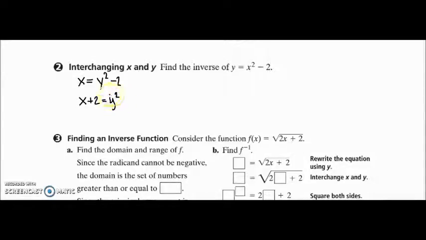And now to undo squaring, we take the square root. So y is the square root of x plus 2. But keep in mind, anytime we do that, we need to think about this could be positive or negative. So here's our original function, and here is its inverse. All we did was switch the x and y and get y by itself.